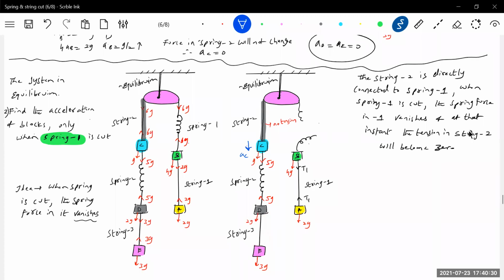Sir, string 2 is extensible string, sir. Strings are inextensible. Follow the laws of motion: no string is extensible, and they are massless. Why are you people bringing new things?